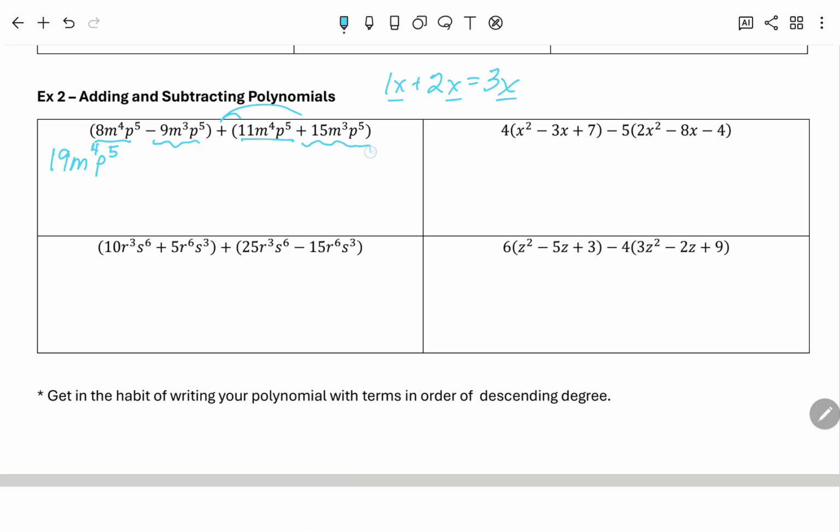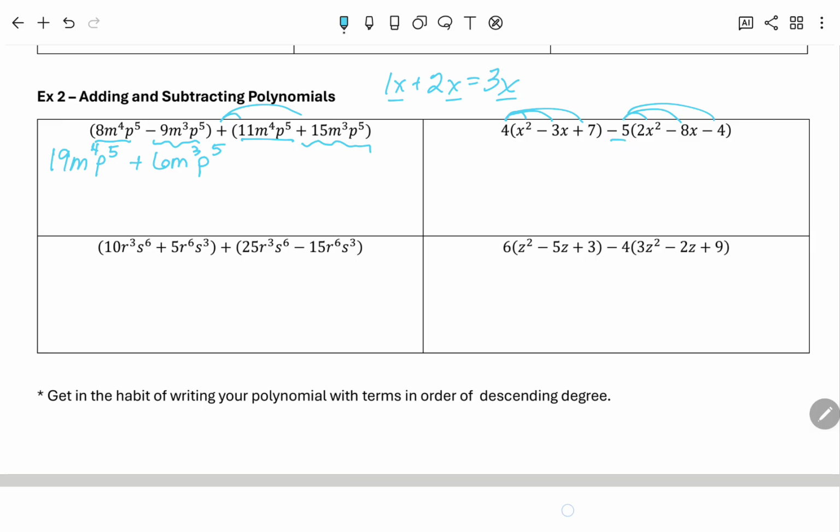So I know that these can combine together. A -9 plus a 15 is going to give me a 6. So plus 6m cubed p to the 5th. All right, this next one, okay, a little more work going on here because I'm going to need to distribute that 4 and the 5, or I could say I'm going to distribute the -5.